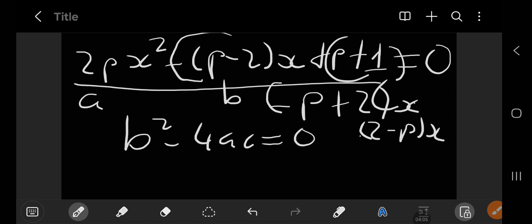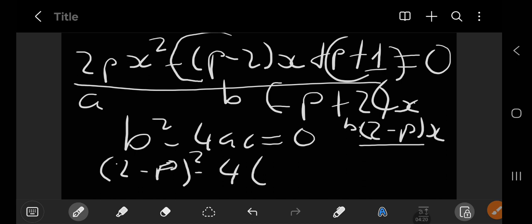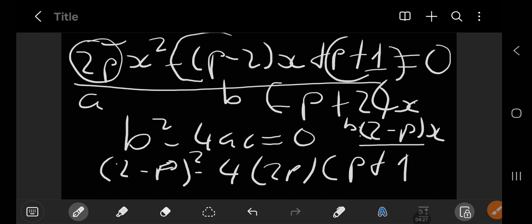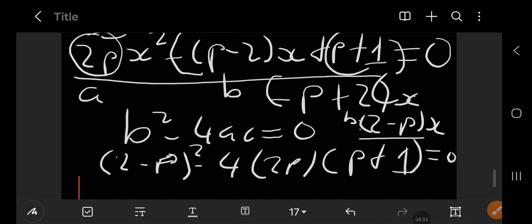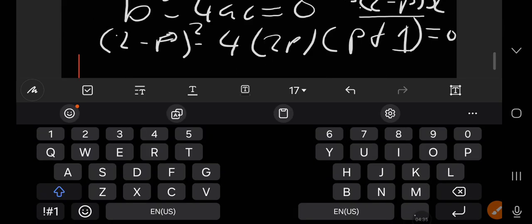I hope everyone agrees with me there. So I'm gonna put this as my new b. This becomes 2 minus p squared, minus 4 into my a, which is now 2p, and then my c, which is p plus 1, is equal to 0. Now this is gonna be a bit long, but we're gonna get somewhere.